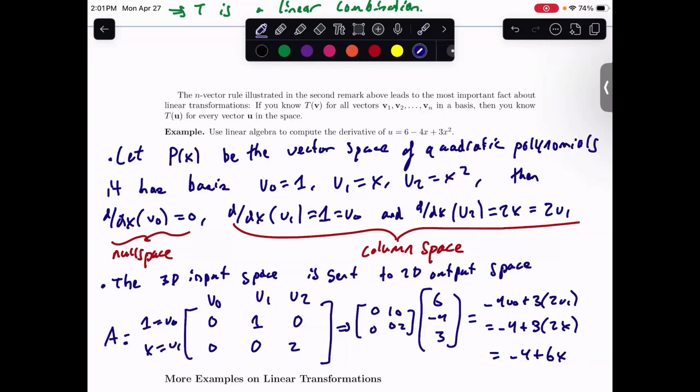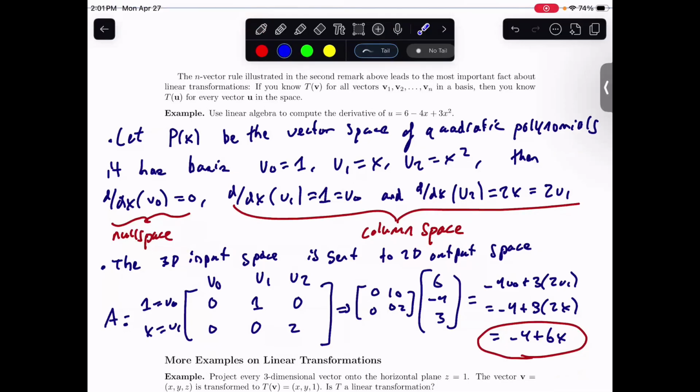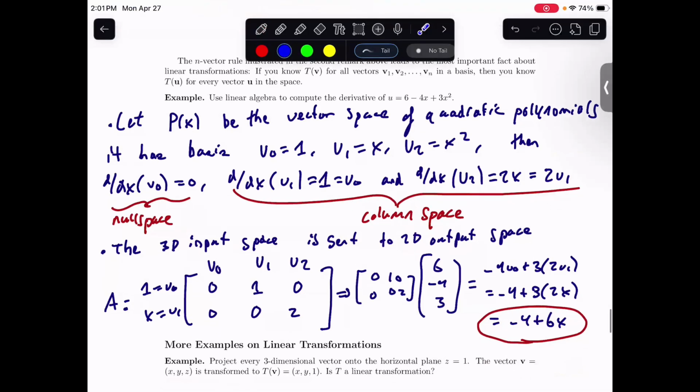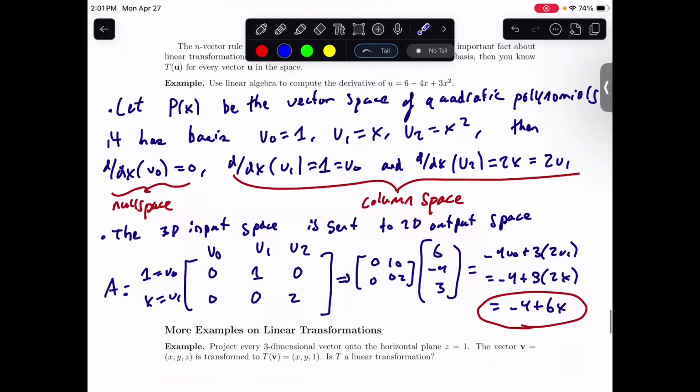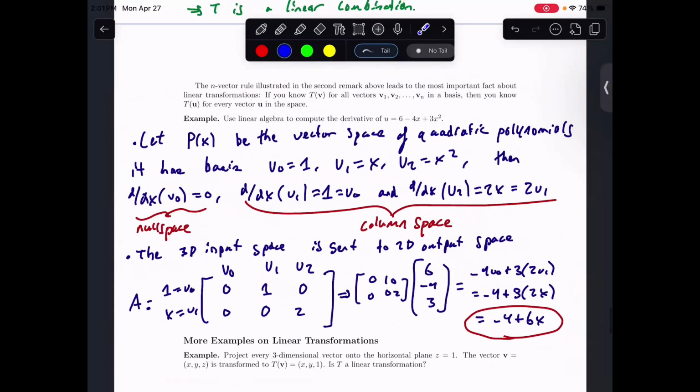So this is something we'll talk more about in the next section, but it's the start of the idea that you can express linear transformations as a matrix. That's entirely what 8.2 is going to be about. If this doesn't make complete sense yet, it'll make more sense in the next section. This is just kind of a preview.